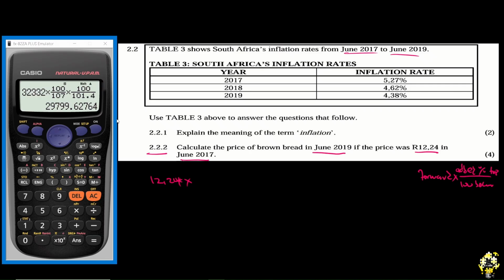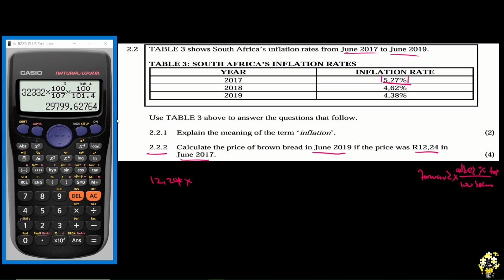Remember I told you, if you are moving from that particular year, you are going forward. Because we are going forward, and this is important because if you do not do it right, you are going to have some serious problems, you must make sure that you are doing all your calculations accurately. Because we are moving forward, we are not going to consider this 5.27.